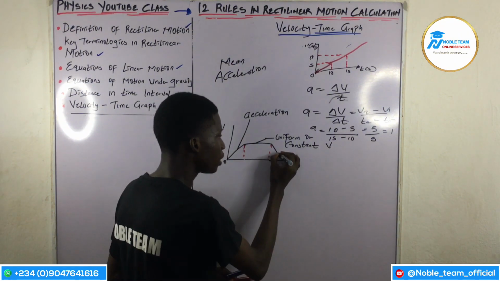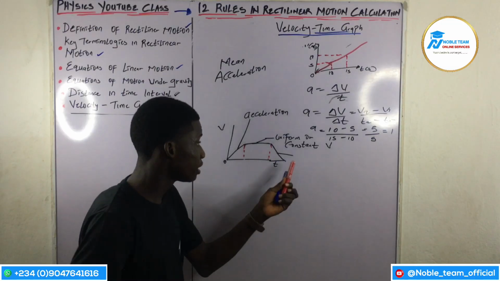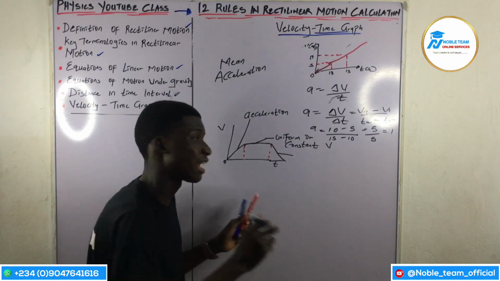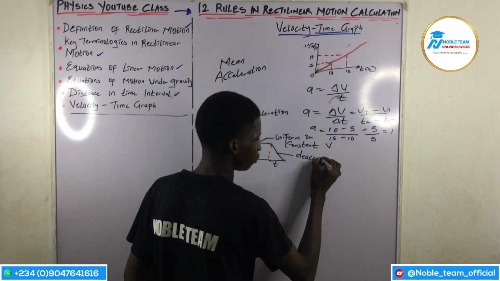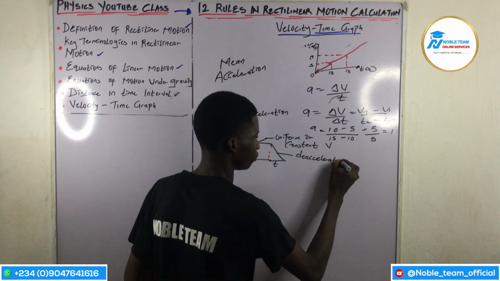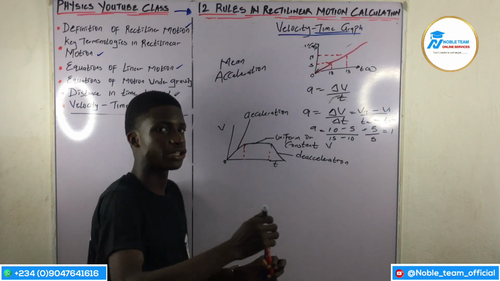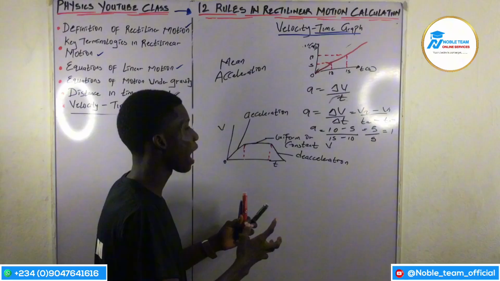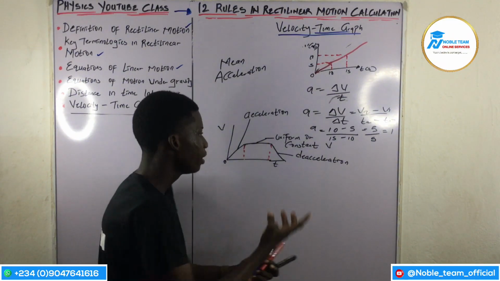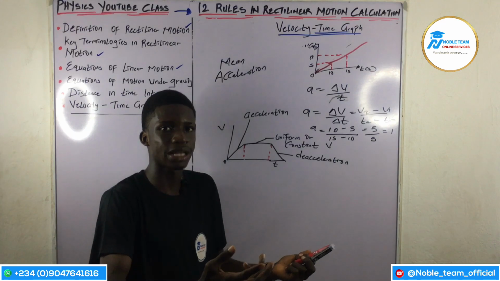Now this one we call it what? Retardation, or deceleration. This is what I want you to take note of. I hope you have grabbed these points now. Yes. So I want us to solve questions so we can know how to apply this particular VT graph, and also how questions normally come out in it.